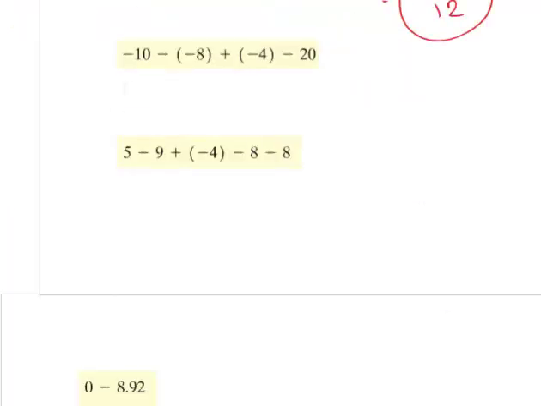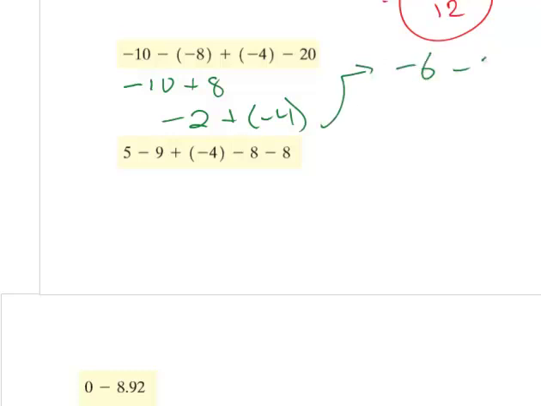We have negative 10 plus 8. That's going to leave me with a negative 2 plus negative 4. So that gives me negative 6 minus 20 becomes a negative 6 plus a negative 20. And so I should have a negative 26.